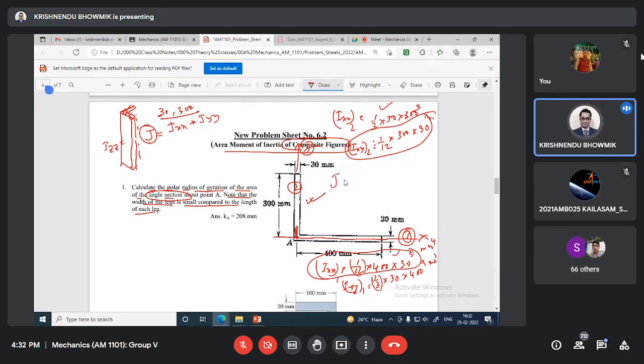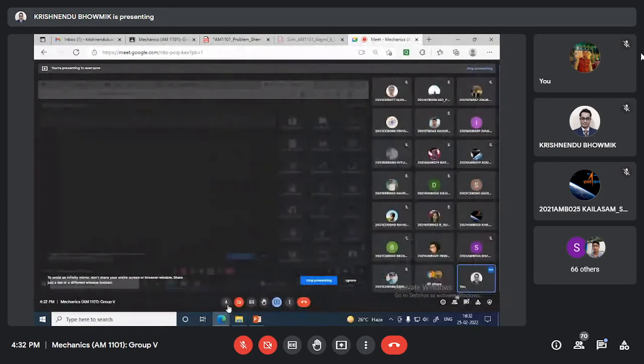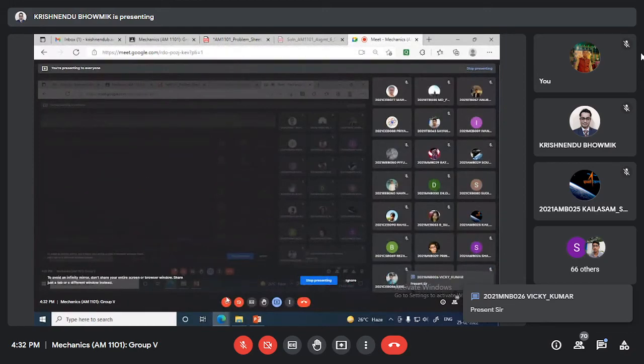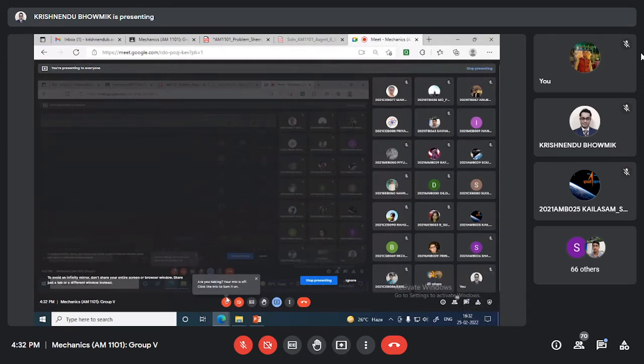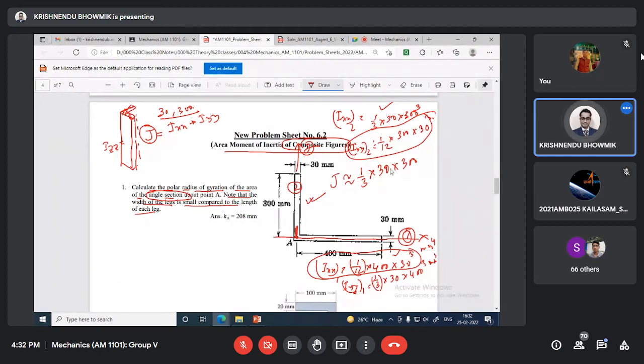That's why somebody can write J is approximately 1/3 of 30 multiplied by 30 cube plus 1/3 multiplied by 30 multiplied by 400 cube.